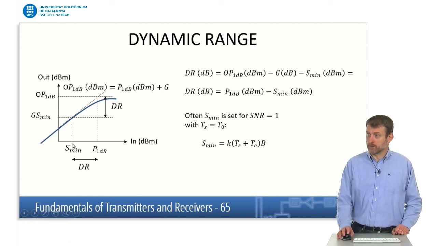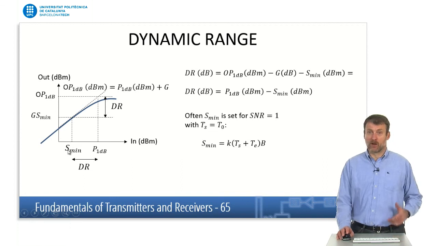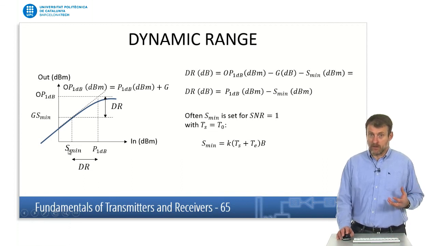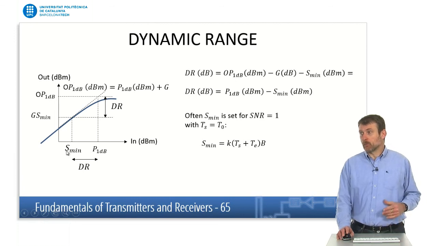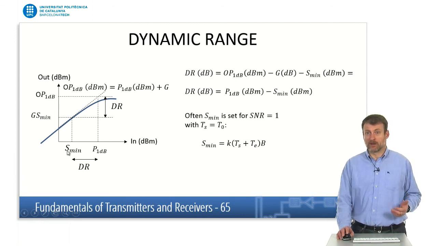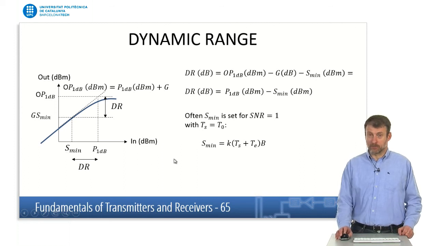The lower limit for the dynamic range is the limit for having the minimum required signal. If this requirement for minimum signal is to satisfy a signal-to-noise ratio, that would follow the formulas that we found before.